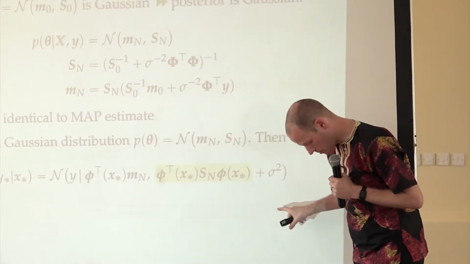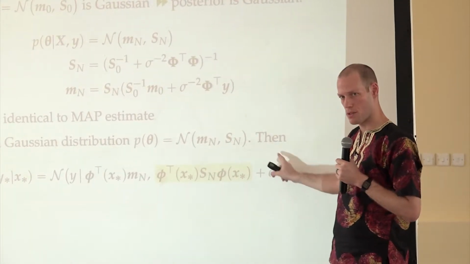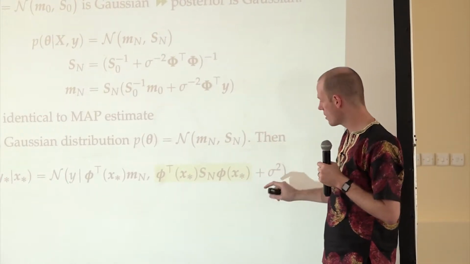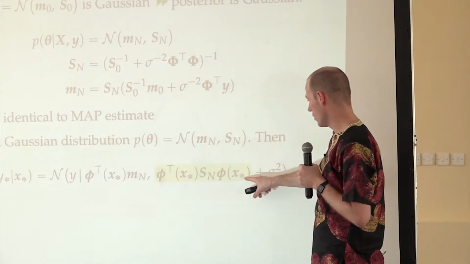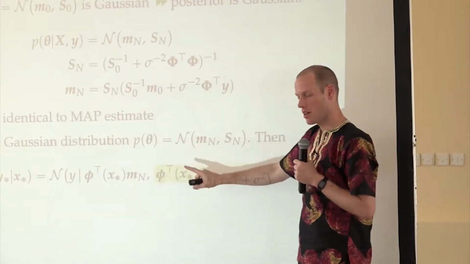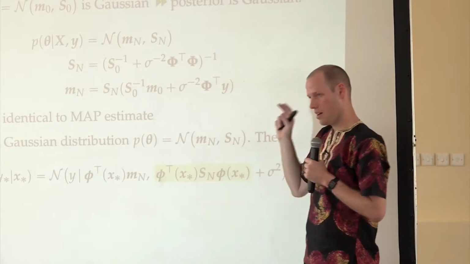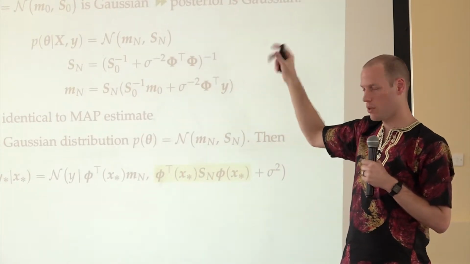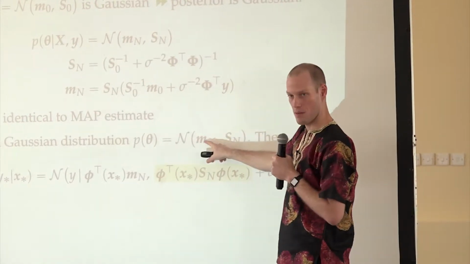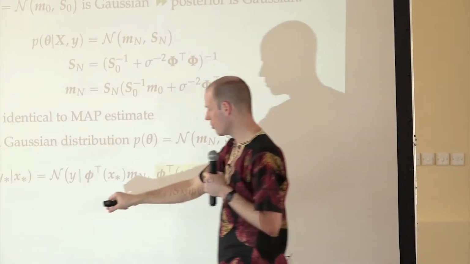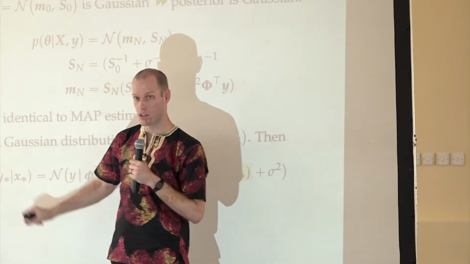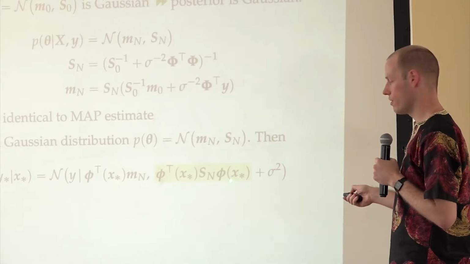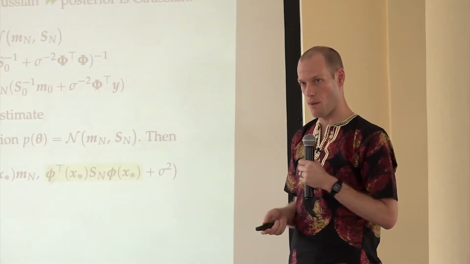The predictive distribution using the MAP and the maximum likelihood estimate only had this sigma squared, which comes from the noise, but now we have this additional term. This term tells you how much of the uncertainty in the distribution over the parameters propagates through to your predictive distribution of the function value.